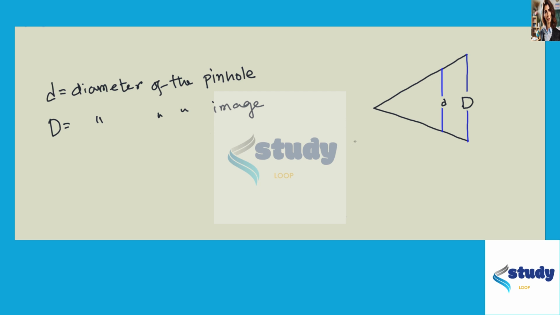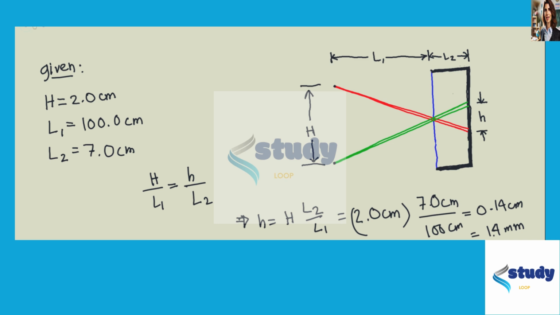So we can conclude that if the diameter of the image is less than or equal to the distance between the images, then we can see both of the images clearly, and there will be no overlap between them.